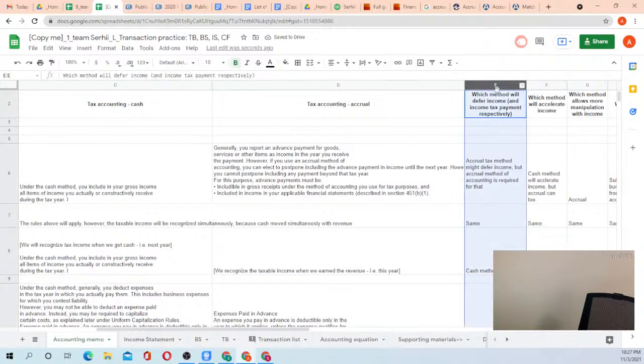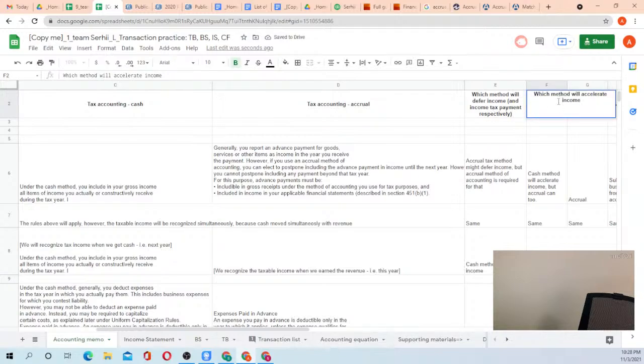Cash method will defer income. Accelerate income, accrual. Let me do a bit of clarification here.